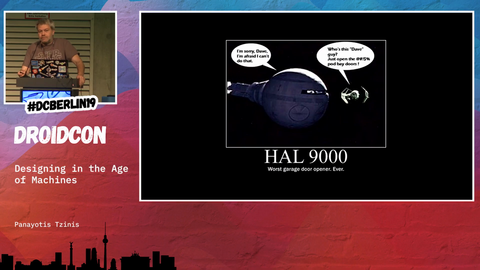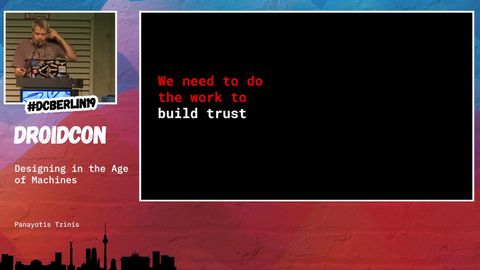But as we say, the machine has hunches, but sometimes it doesn't understand what comes out. I don't know if you saw HAL in Space Odyssey: Dave, I cannot open that. So if you train the machine not to open something, and then you need it to be opened, you cannot pretend that the machine will open it with another input. So as we said before, we need to build trust.